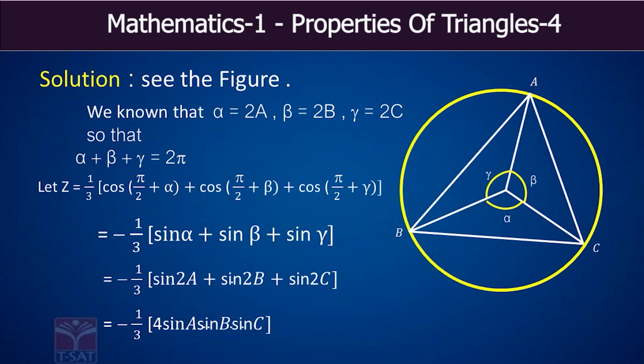So therefore, let the expression be cos (pi by 2 plus alpha) plus cos (pi by 2 plus beta) plus cos (pi by 2 plus gamma), which is nothing but minus 1 by 3 into sin alpha plus sin beta plus sin gamma. That is minus 1 by 3 into sin 2A plus sin 2B plus sin 2C, which is minus 4 by 3 sin A sin B sin C.